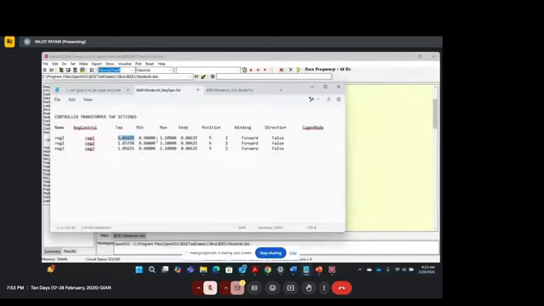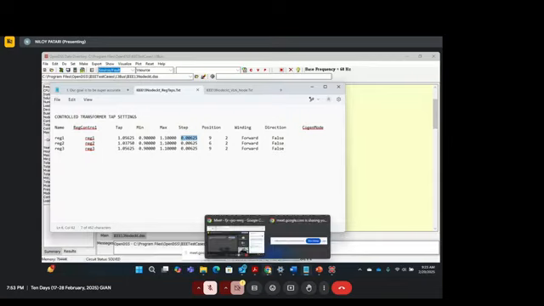So what it means is that when you put at tap position 9, then you get a boost of 0.05625 per unit, right? So it means that each tap position improves your voltage by 0.00625 per unit.